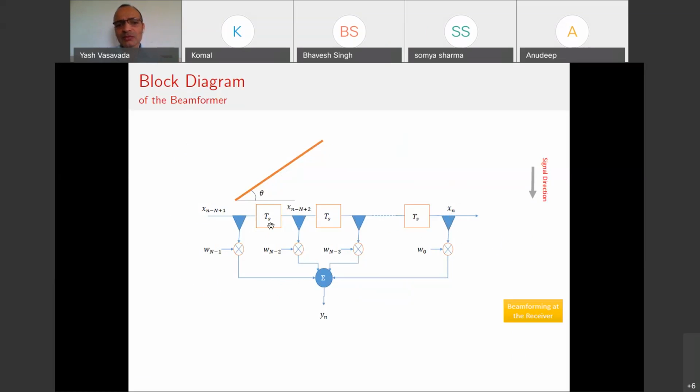In the context of beamforming, this t of s, the extra time that the waveform takes to go from one antenna element of the array to the other, can be written as a function of the spacing between the elements, denoted d, and the angle theta. Who remembers that formula for t of s?